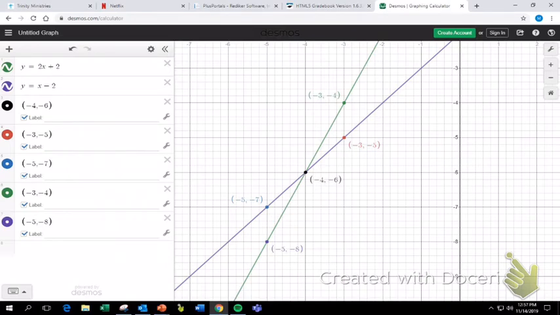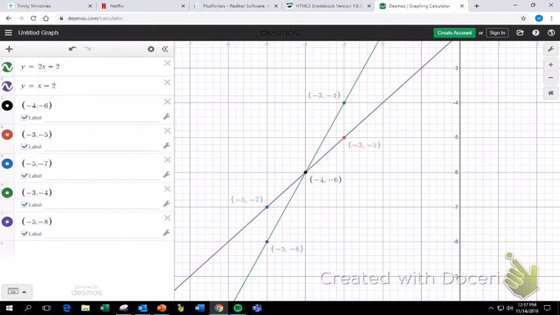All right, and let's move over to the purple line. 0, 2. If we move up the purple line, what's the next exact point that we see? Negative 1, 3. Anj, what if we move down the purple line? What's the next exact point we see? 1, 1.